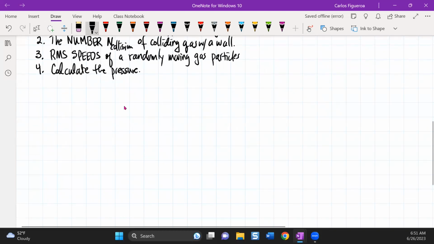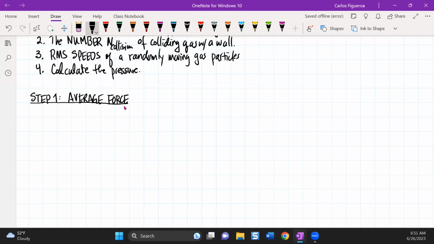So our first step here, we want the average force of n gas particles colliding with the walls of the container.